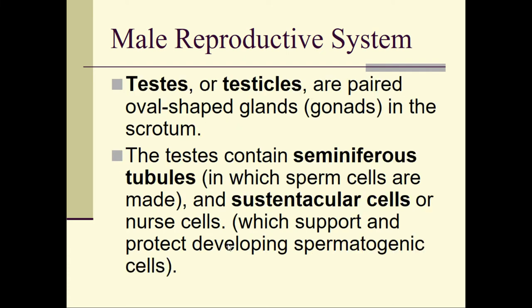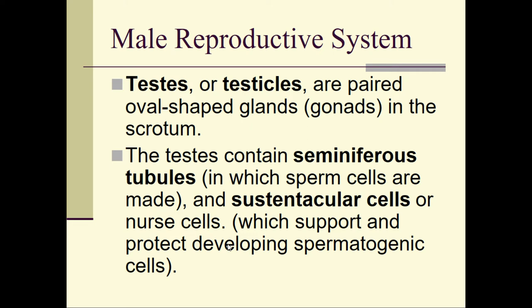The testes or testicles are paired oval-shaped gonads and are housed in the scrotum. The testes contain the seminiferous tubules, and this is where sperm cells are made. These are where the products of meiosis occur, that I'm sure we all remember from biology class.